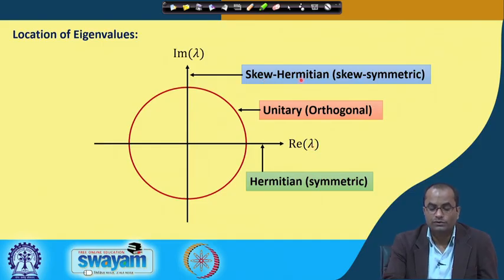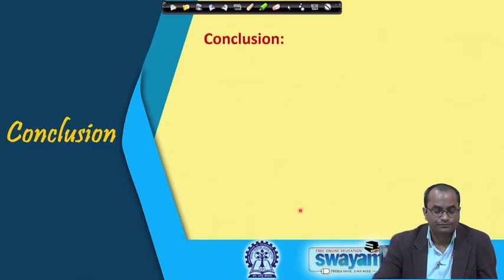So, for skew Hermitian and skew symmetric we have the same thing, and for unitary and orthogonal we have the same result, that they are of unit modulus. For Hermitian and symmetric we also have the same result for both, that they are real entries.